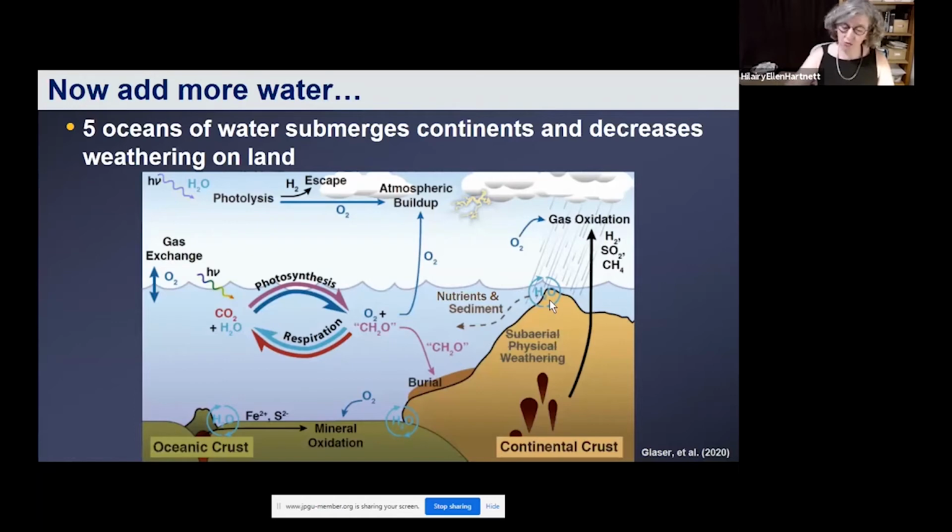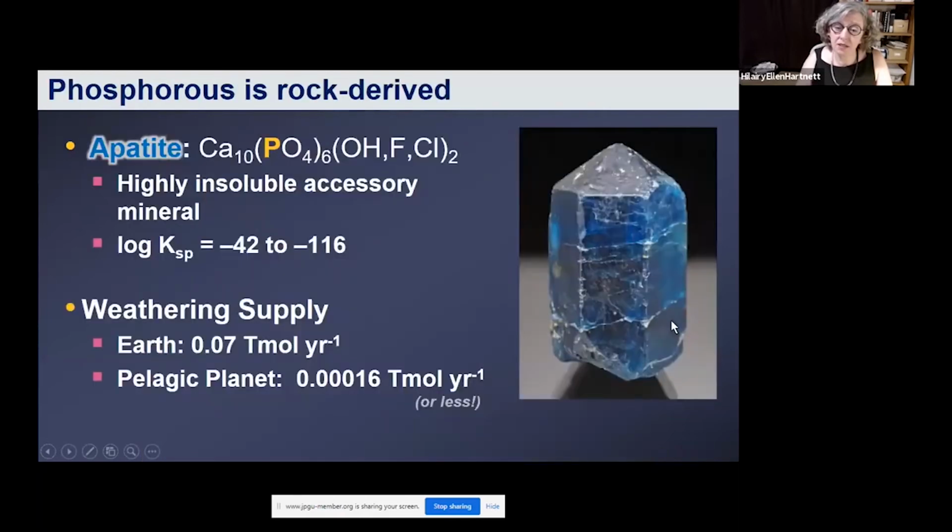You don't get rain on the continents and rivers carving down mountains. The supply of nutrients and sediments will be much lower than it was on the Earth's ocean. This is important because phosphorus, the main limiting nutrient for photosynthesis in the oceans, is a rock-derived element.